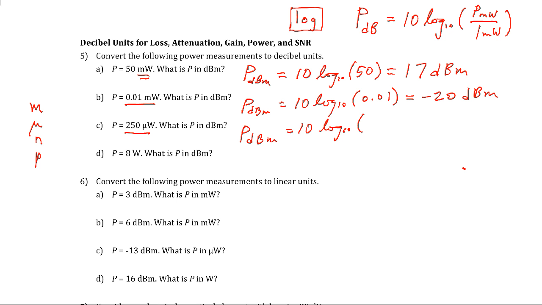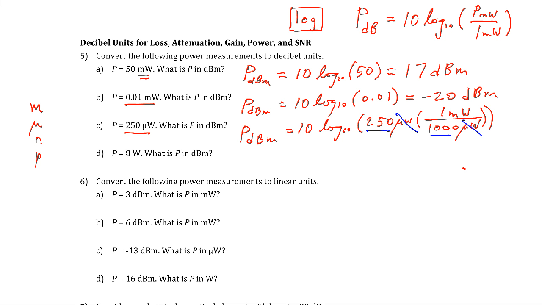I'm going to write 250 microwatts and multiply by 1 milliwatt per 1,000 microwatts. You see I'm doing the conversion right inside the parentheses, and the microwatts cancel, leaving me with milliwatts. And 250 over 1,000 gives me the 0.25.